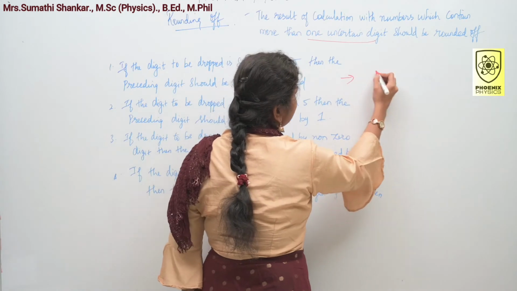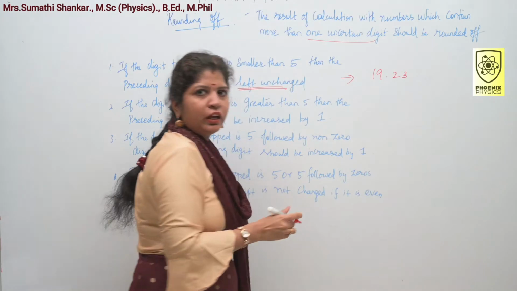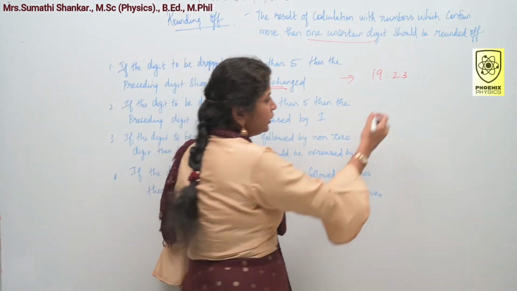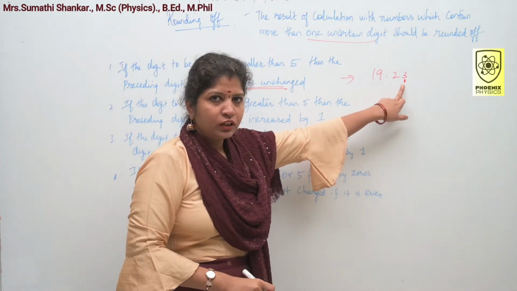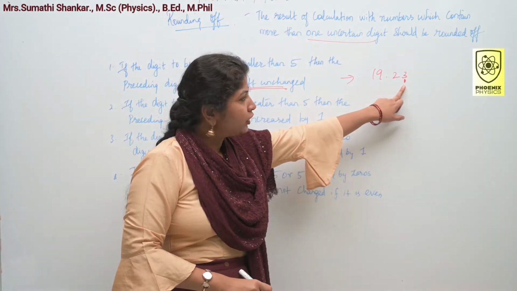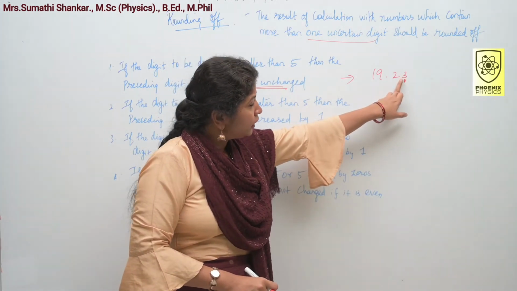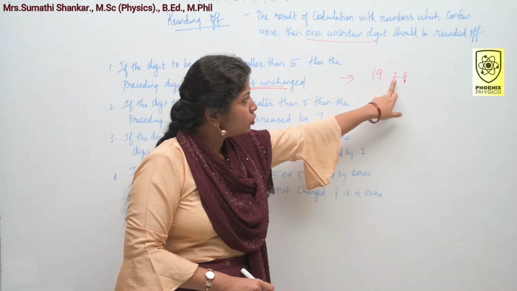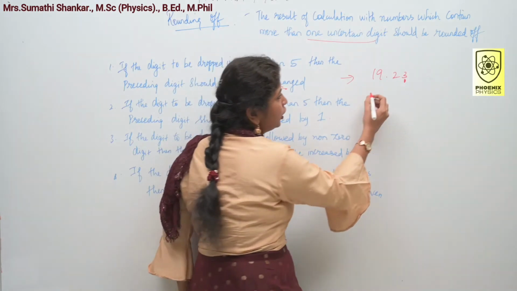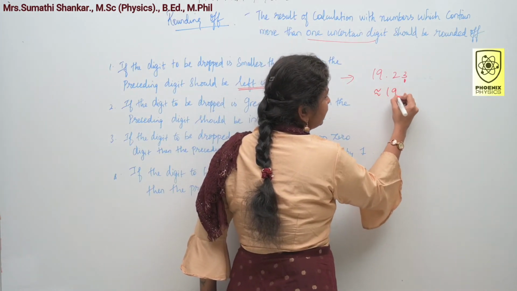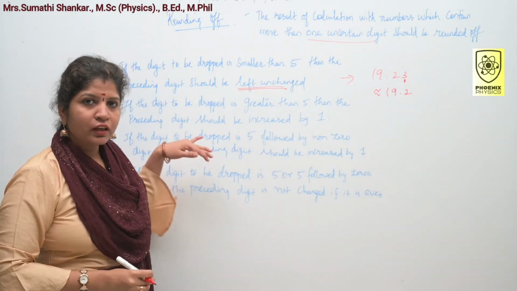For example, say 19.23. Here this is my digit to be dropped. If the digit to be dropped is smaller than 5, you know that 3 is smaller than 5, then the preceding digit, this 2 is the preceding digit, should be left unchanged, which means you have to write it as 19.2 alone. Look at the second rule.